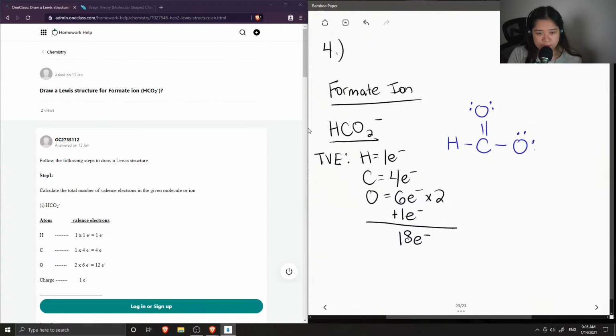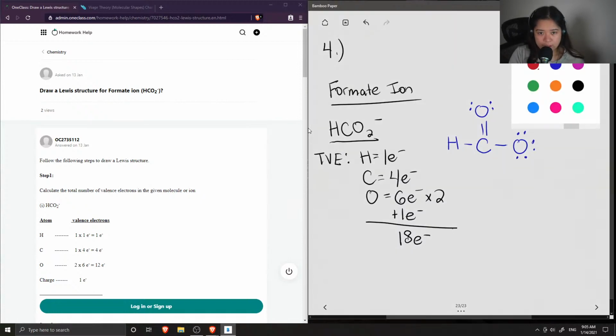And then from there, I'm just going to count out how many electrons I've drawn so far. So each bond contains 2 bonding electrons, and we have 4 bonds, so that's 8. And 18 electrons are drawn if we add them all up.